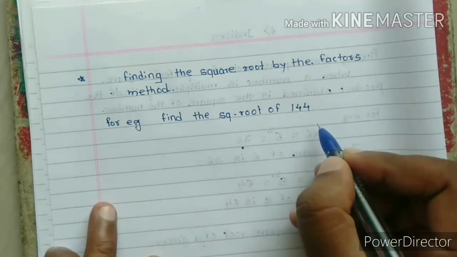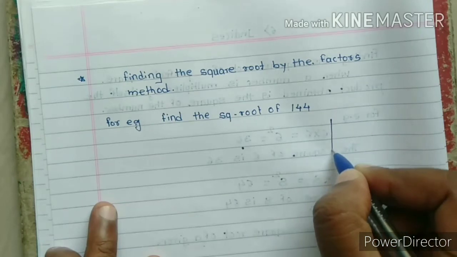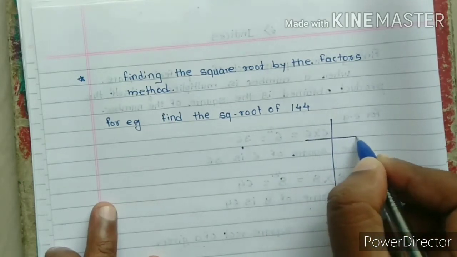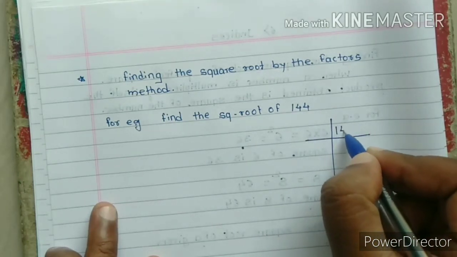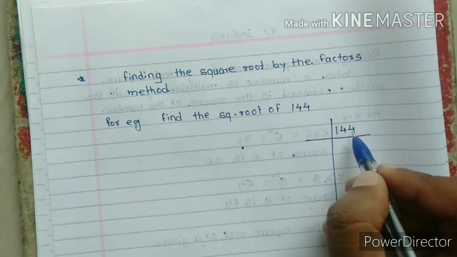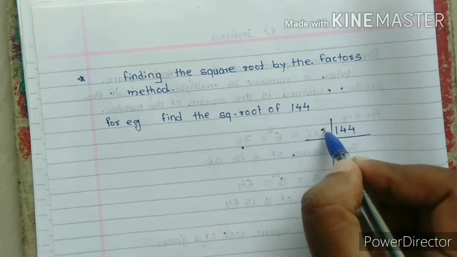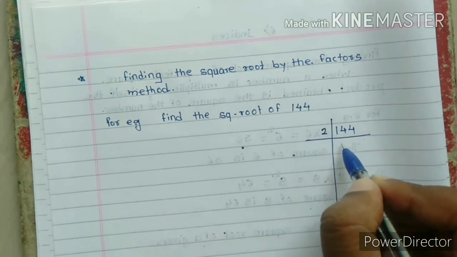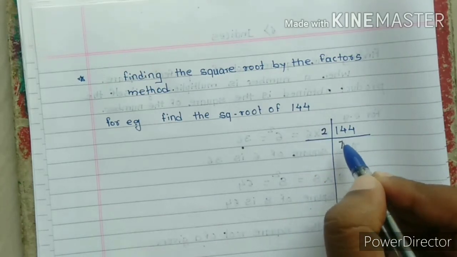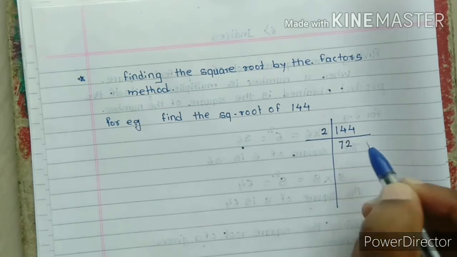Prime factors you have to find out by the vertical method. This one is the vertical method, 144. If the unit position has 0, 2, 4, 6, 8, then it is a test of divisibility by 2. Therefore, 2 sevens are 14 and 2 twos are 4.